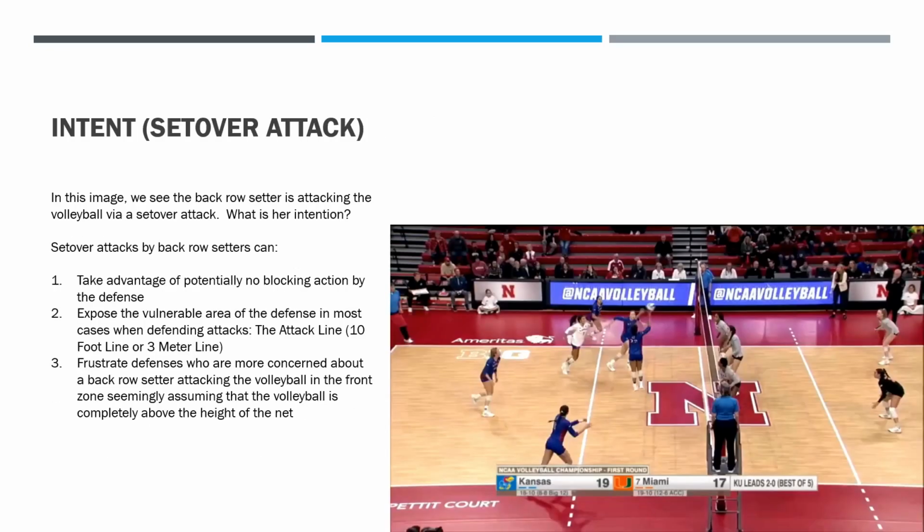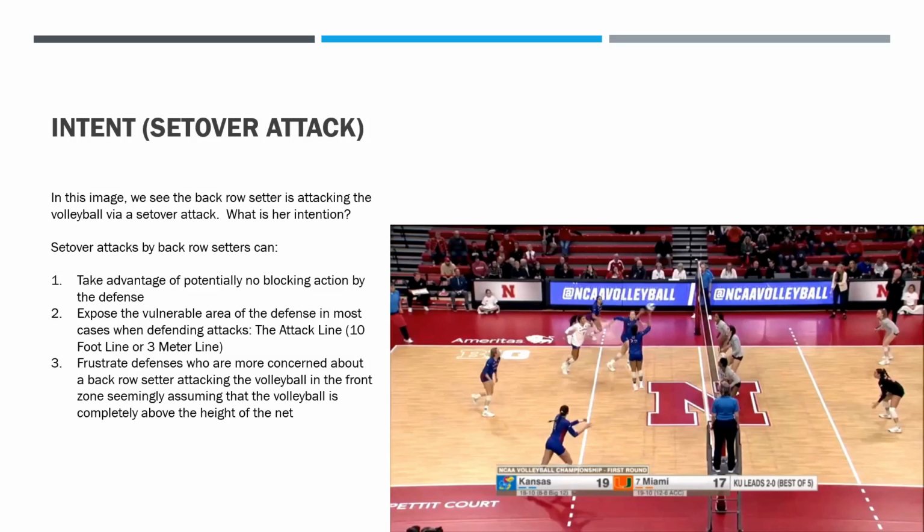In this image, we see the back row setter is attacking the ball via a set over attack. What is her intention? Set over attacks by back row setters can take advantage of potentially no blocking action by the defense, as was the case in this particular play.